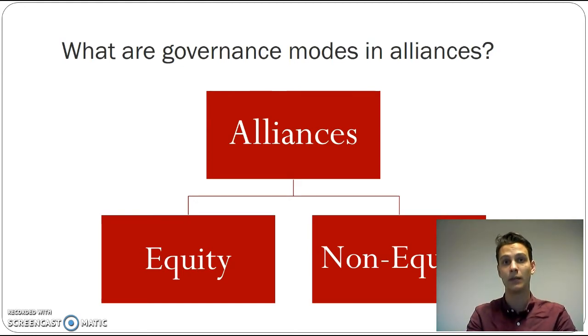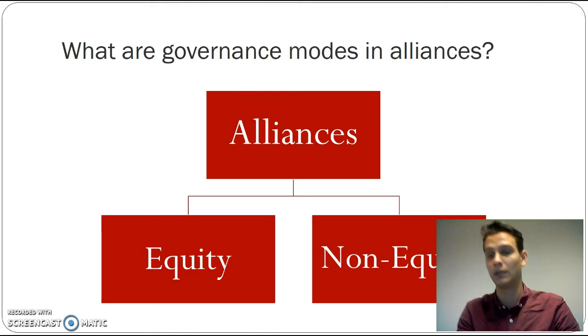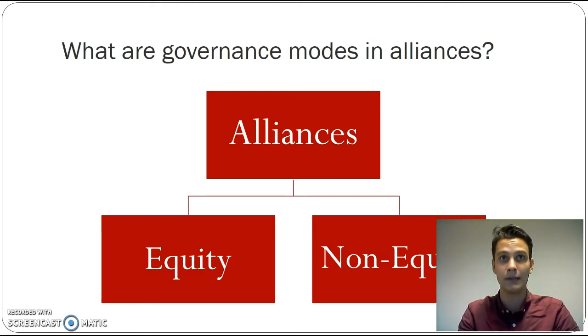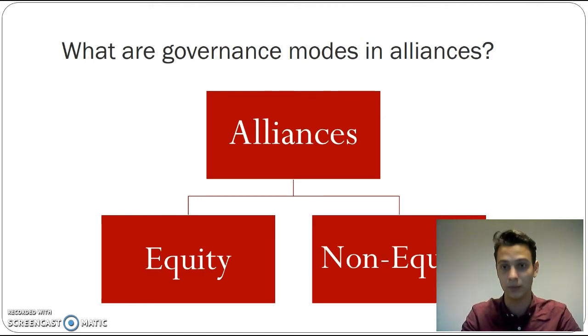Another example is that one of the partners takes a minority equity position in the other partner or partners. The other one is non-equity, as you can see. Non-equity is, for example, licensing, second sourcing, or what Oxley in his paper calls contractual arrangements. So that's shortly about alliances, equity and non-equity.